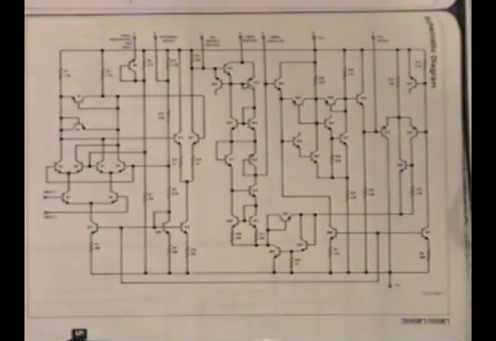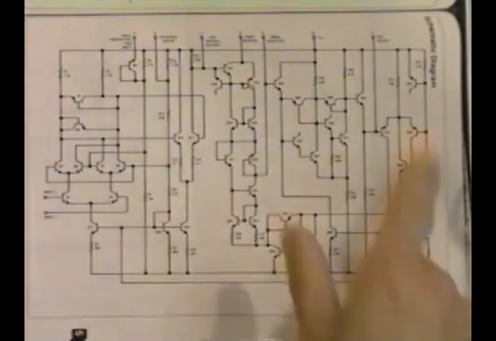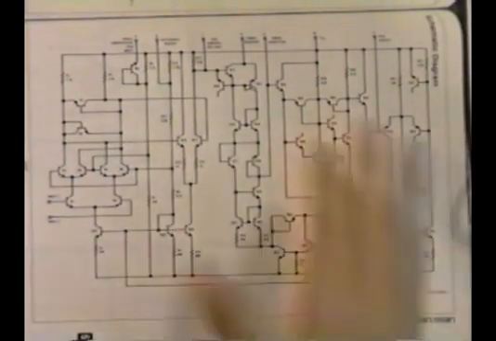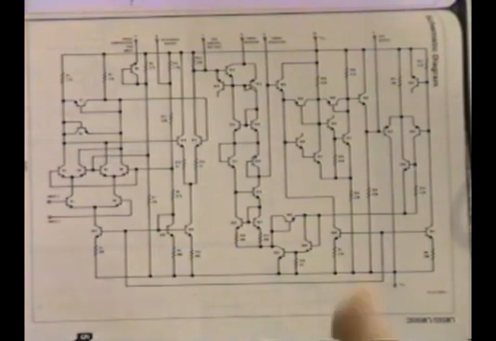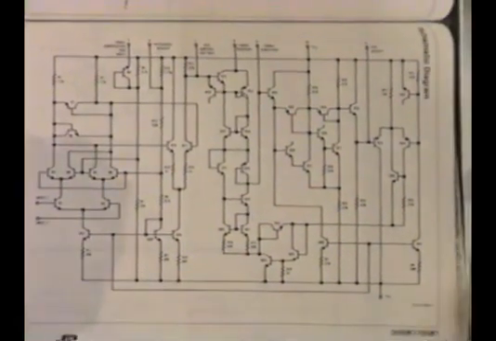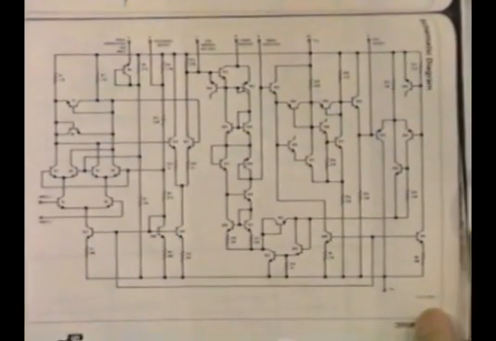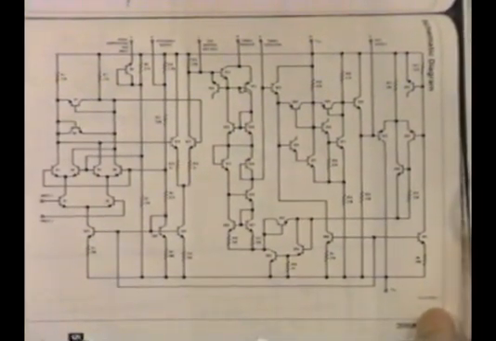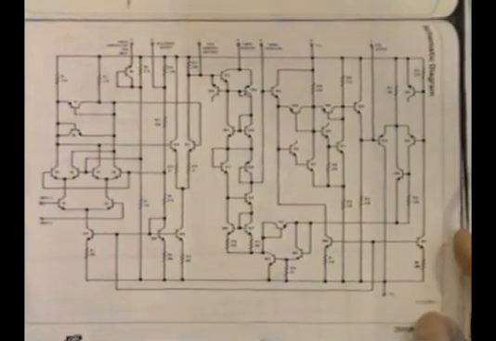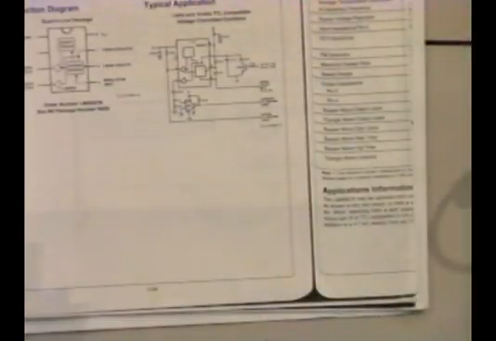There's not that many people in the world that know how to design a PLL like this, and for every one of them, there are zillions of people who use them. My suspicion is that most people here would be in that category. Certainly I know how to use one, and I could design one, but it would take me a long, long time. And it probably wouldn't work anyway when I finished it. All right, that was just for fun, just to let you know what a PLL looks like.